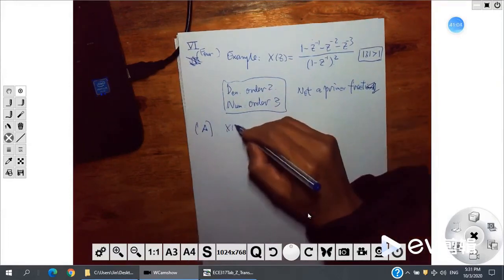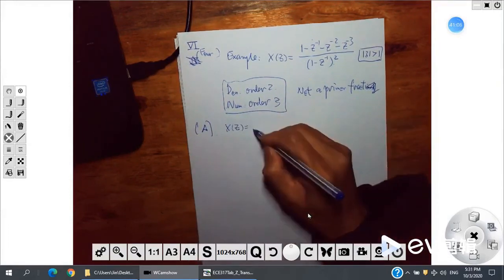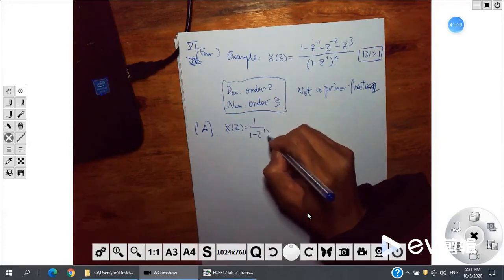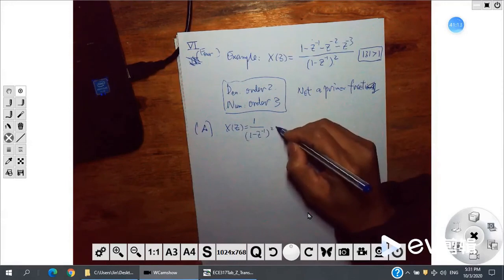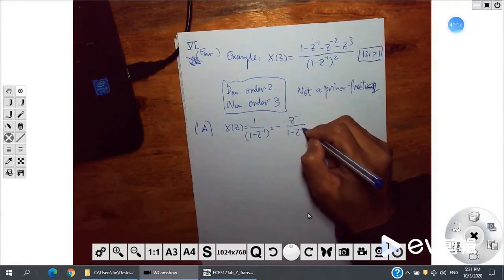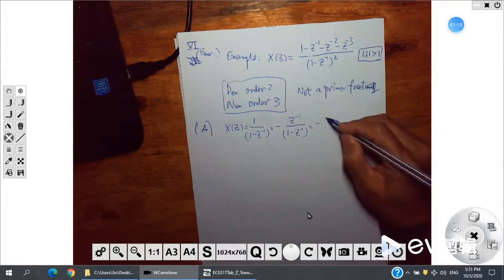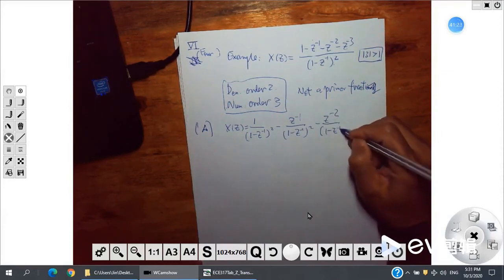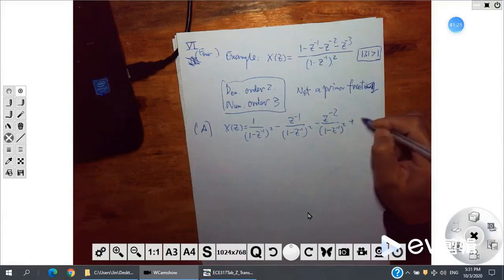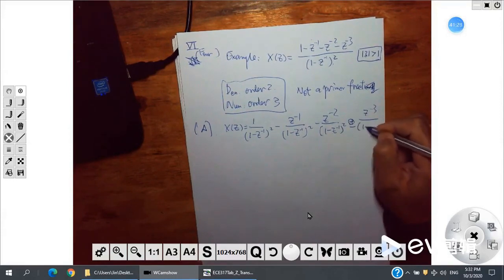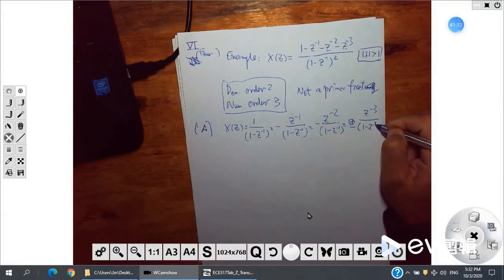X of z equals 1 over (1 minus z to negative 1) square, minus z to negative 1 over (1 minus z to negative 1) square, minus z to negative 2 over (1 minus z to negative 1) square, and minus z to negative 3 over (1 minus z to negative 1) square.